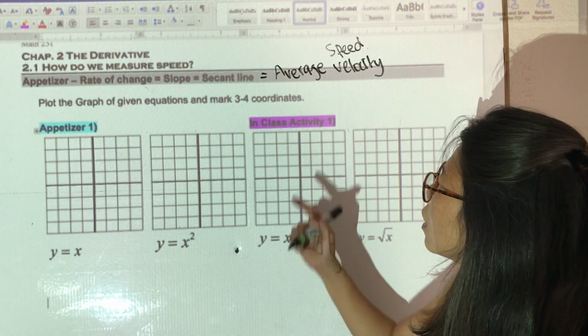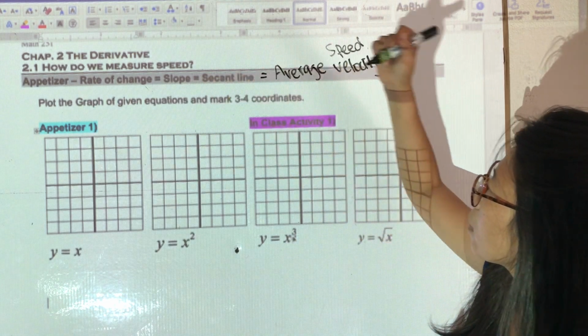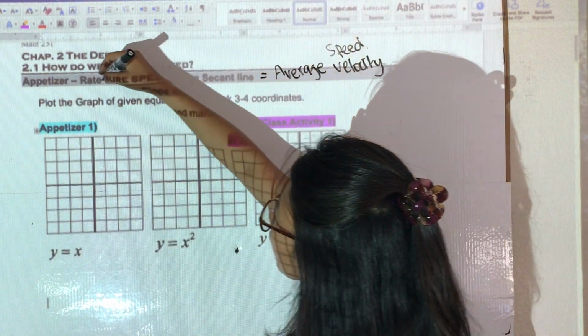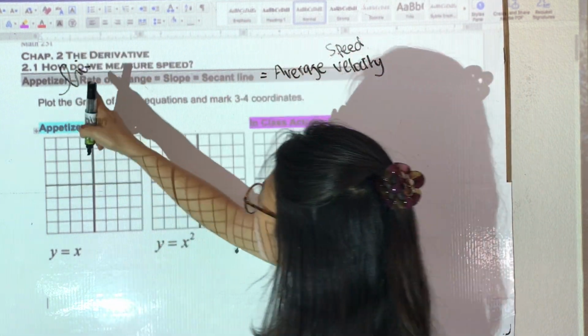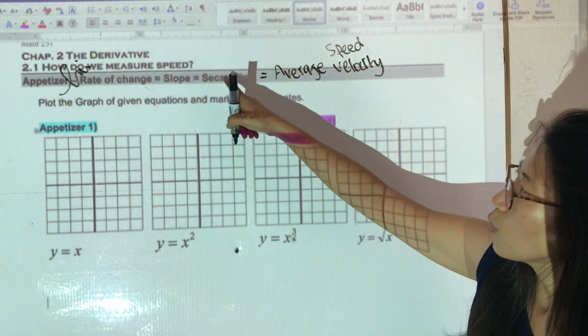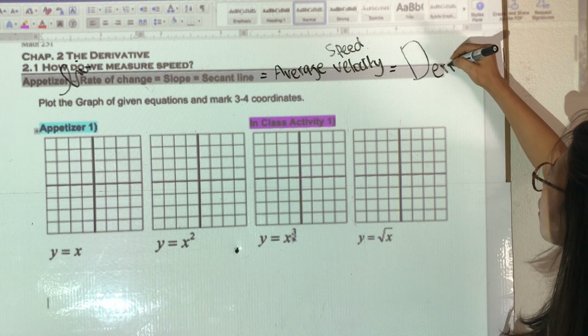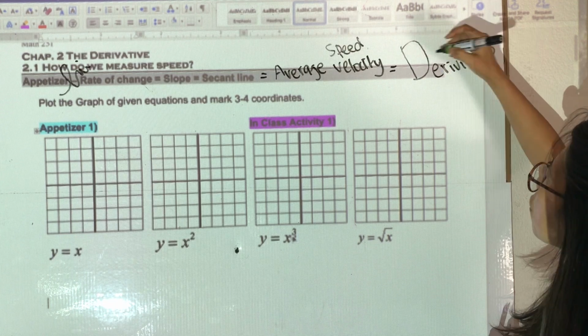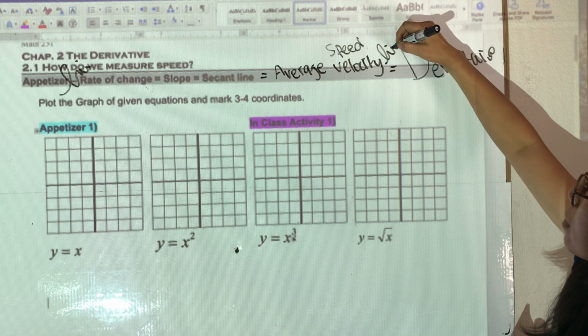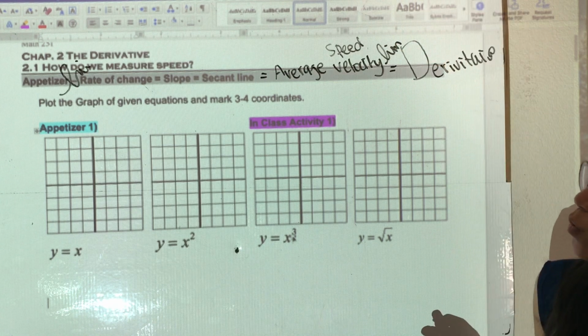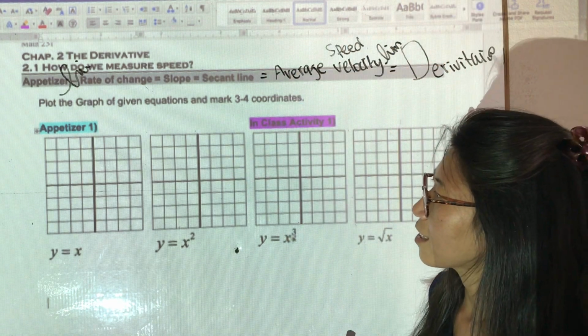So we are going to study that one, and then what happens if we take the limit from rate of change, slope or secant line, average rate of change, that becomes derivative. If you take the limit here, so don't forget that's how it's going to connect.